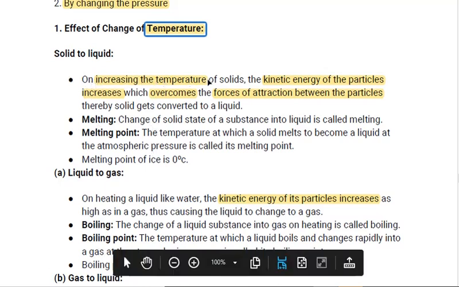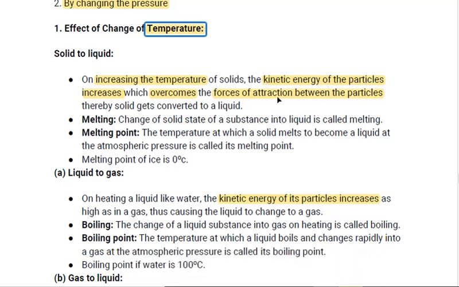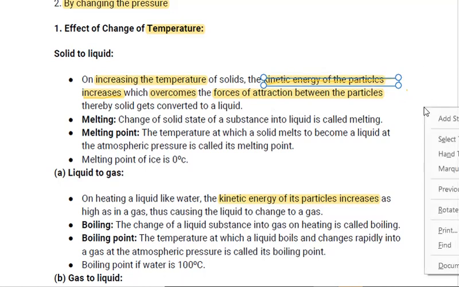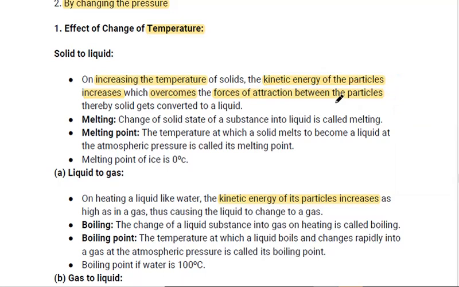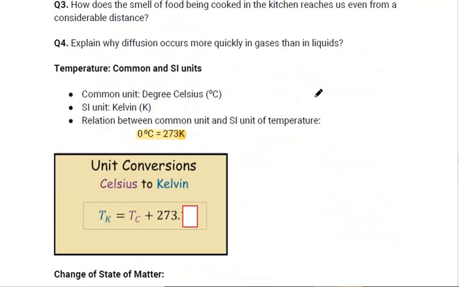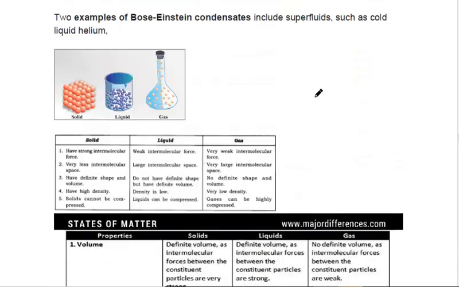Temperature. On increasing the temperature of a solid, the kinetic energy of the particles increases. See, this line is very important. By supplying heat, the kinetic energy of the particles increases, which overcomes the force of attraction between particles.